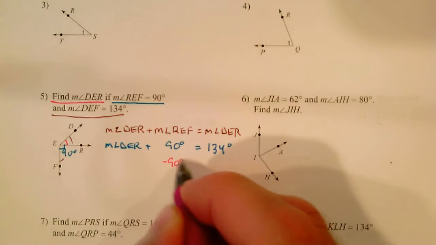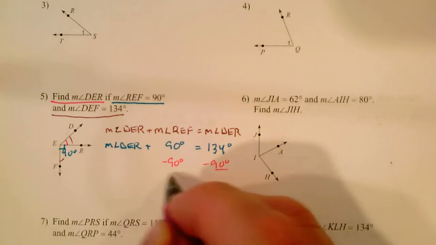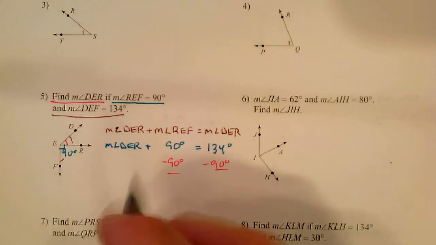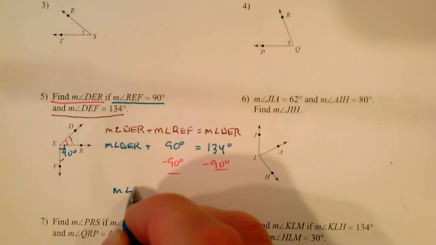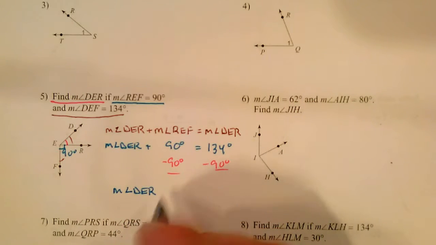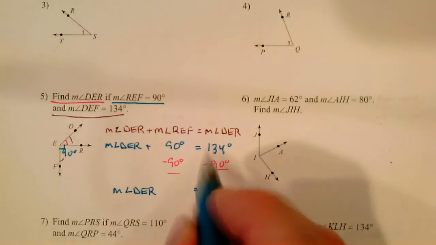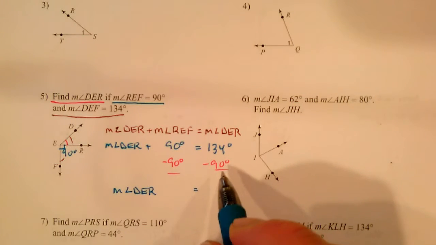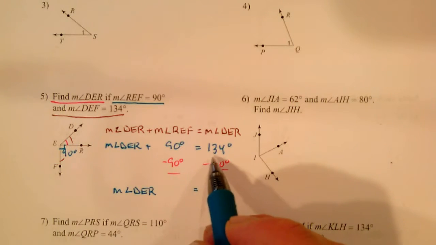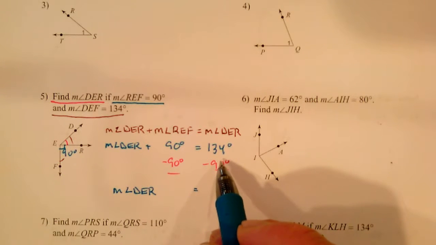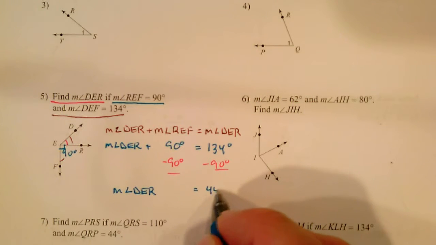We're going to subtract 90 degrees from both sides. And we end up with measure of angle DER equals 134 take away 90. Let's see, if it were 130 take away 90, that would be 40, so it's 44 degrees.